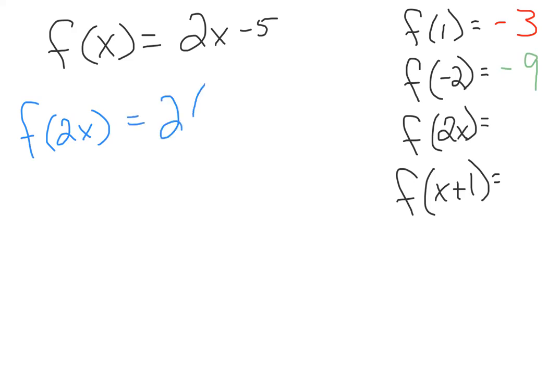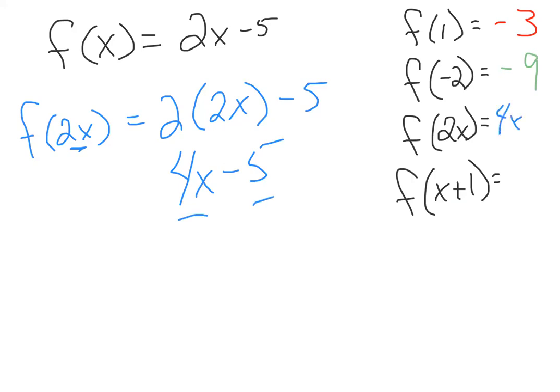Wherever I see an X, I put a parentheses and backfill with what was in this parentheses. So now 2 times 2X gives me 4X minus 5. 4X has a letter, 5 is a constant. They do not combine. So that is what F of 2X becomes.